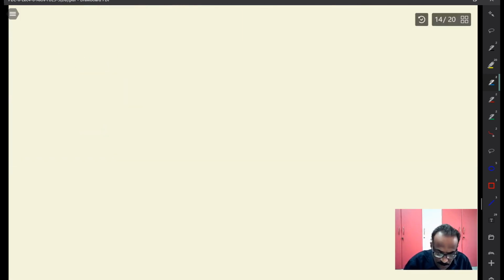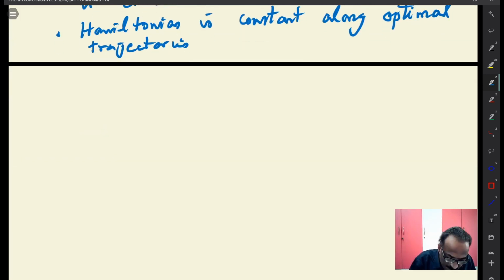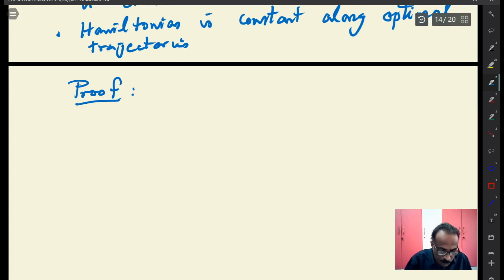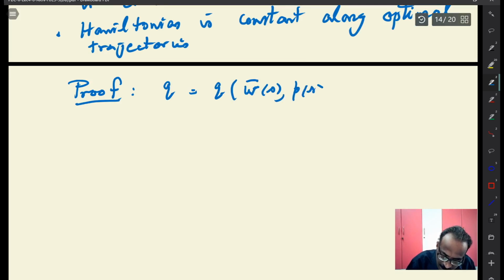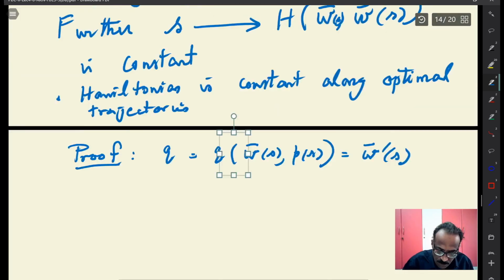Okay, so the proof is not that difficult, so maybe I will give a quick proof. I want to do something more here today. The proof is fine because by definition, q is obtained by solving this: P of S. But this is obtained by the definition of this one, which is nothing but W prime of S. So q is obtained by solving.